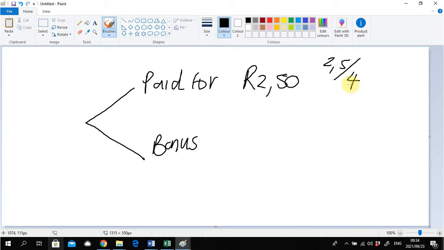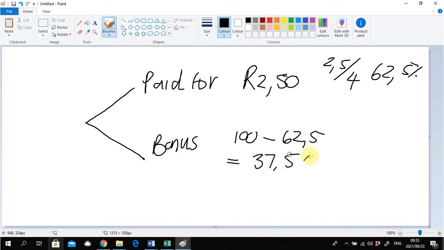If I do that calculation, we paid for 62.5% of the share options that become shares, which means the bonus element needs to be the remaining percentage. So 100% minus the 62.5% which we paid for means the percentage that we have gotten for free is 37.5%. That was our bonus element.